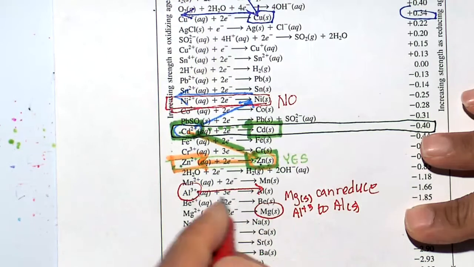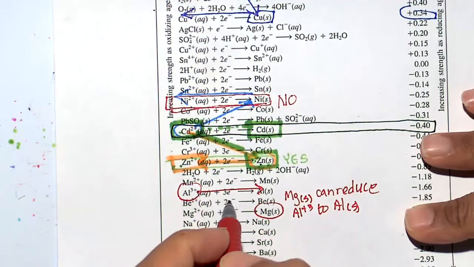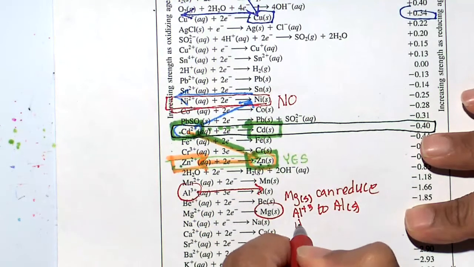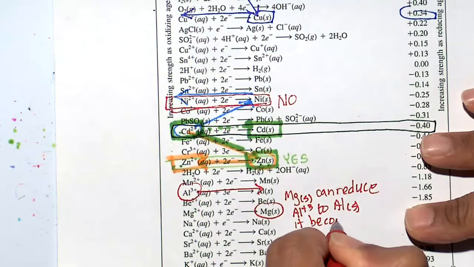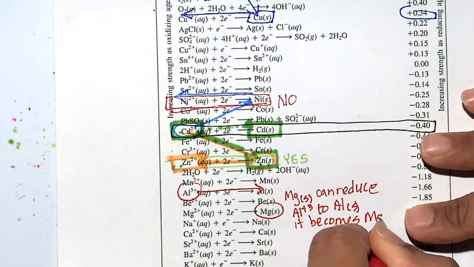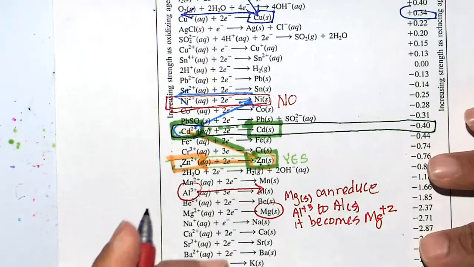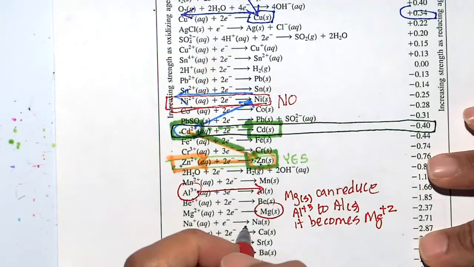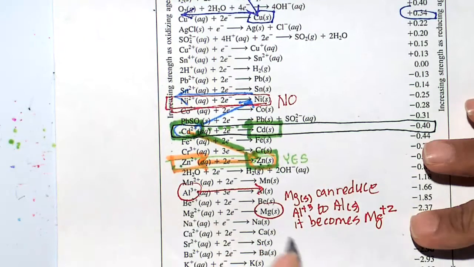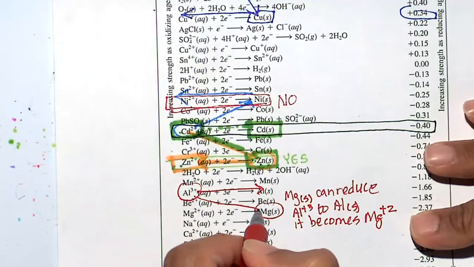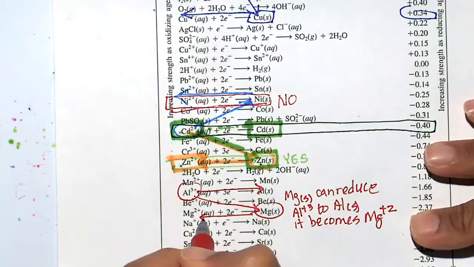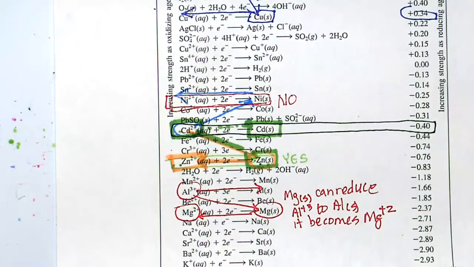By the way, if magnesium reduces Al plus 3 to Al solid, it becomes Mg plus 2. Can aluminum plus 3 oxidize magnesium solid to magnesium plus 2? Yes.